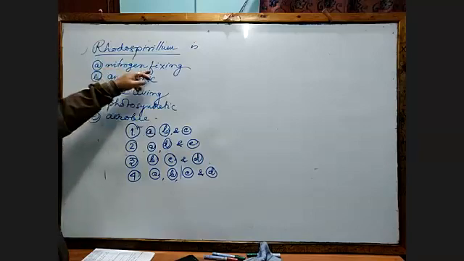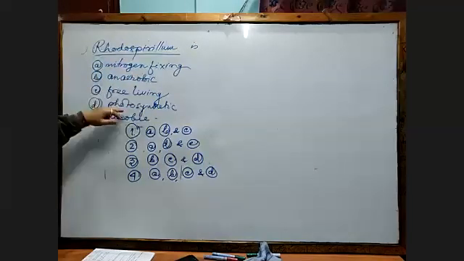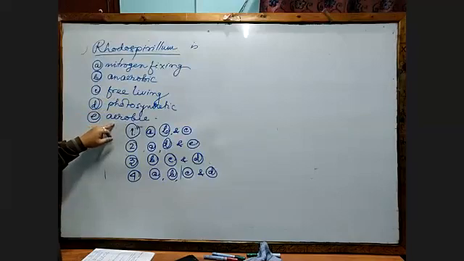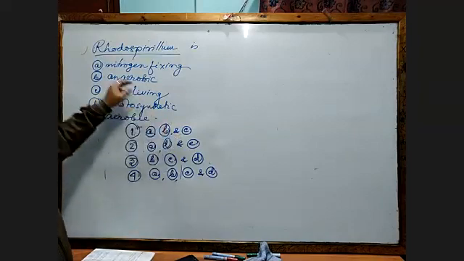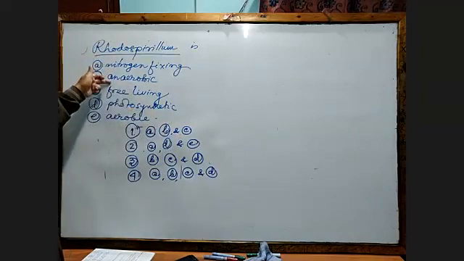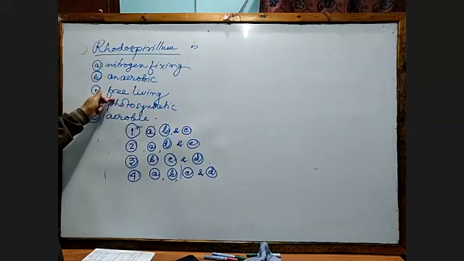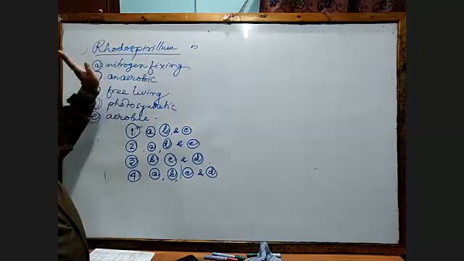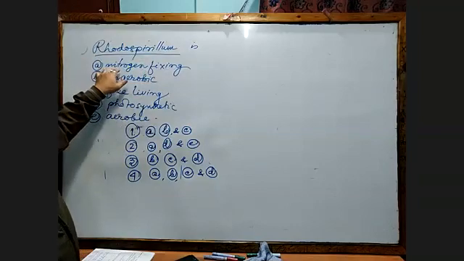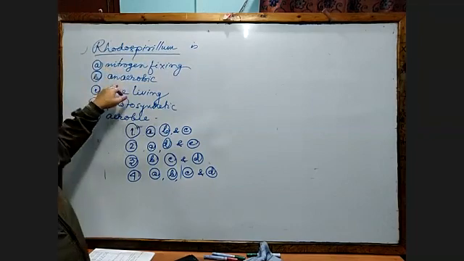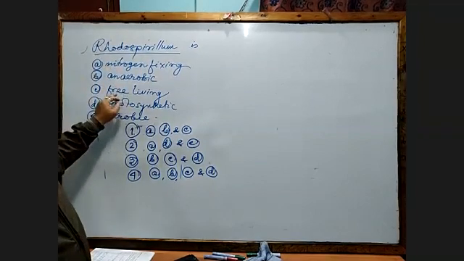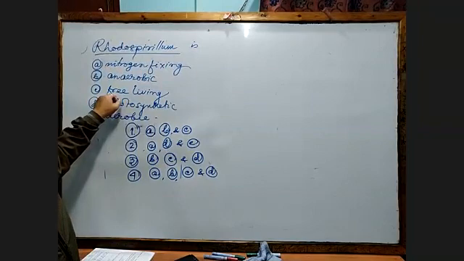A is nitrogen fixing, anaerobic, free living, photosynthetic, aerobic. So option 1 says A, B, and C, that is nitrogen fixing, anaerobic, free living. Of course, Rhodospirillum is a nitrogen fixing bacteria, and it is anaerobic as well as free living.